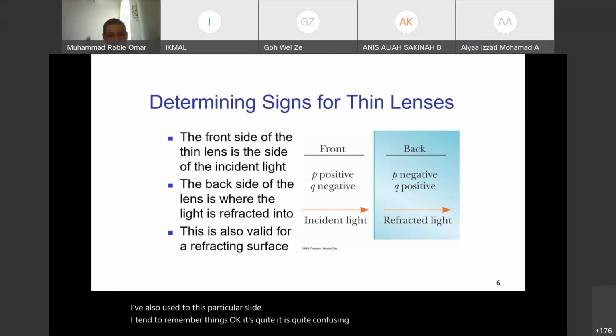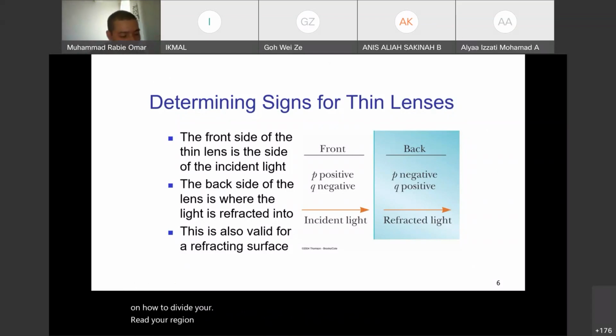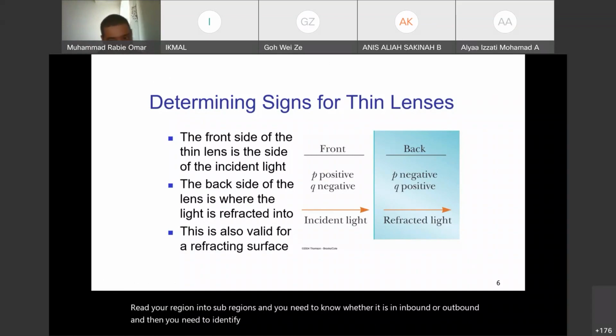But the thing is, you need to know how to divide your region into sub-regions, and then you need to know whether it is inbound or outbound, and then you need to identify which region is the forbidden region, and then from there you are able to deduce whether your P is positive or negative, or your Q is positive or negative.